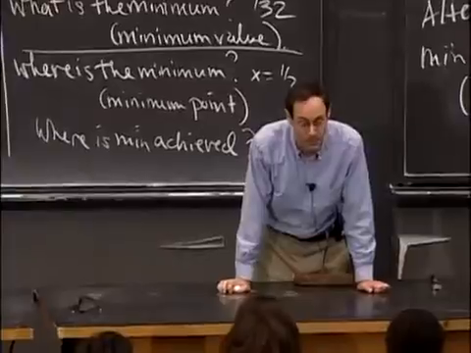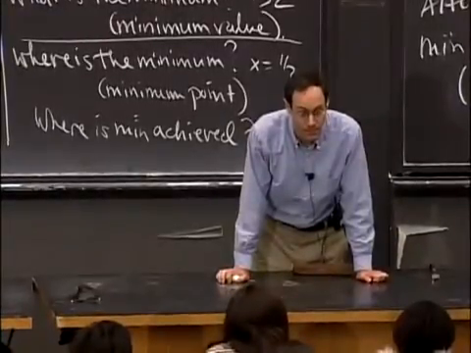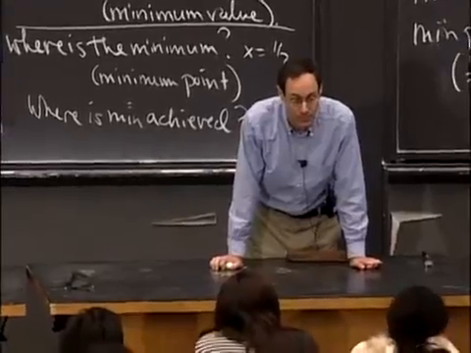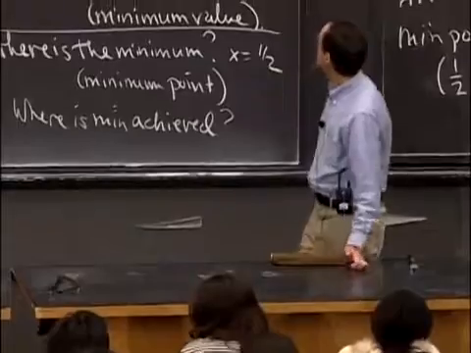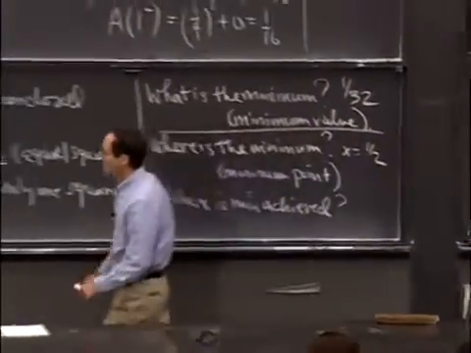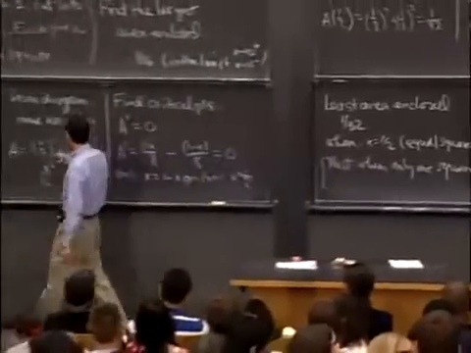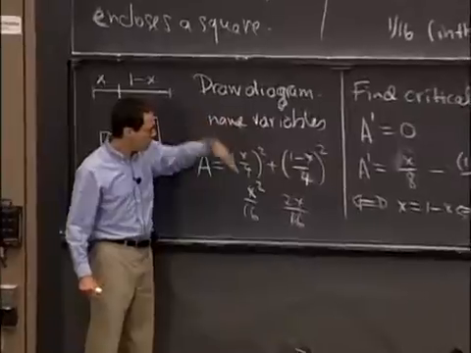Also, can we check whether it's a minimum or maximum point using the second derivative? Yes, the answer is yes, we can. In fact, you can also stare at this and see that it's a sum of squares, so it's always curving up.